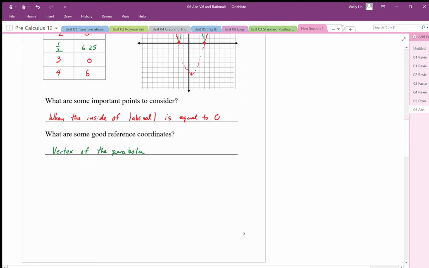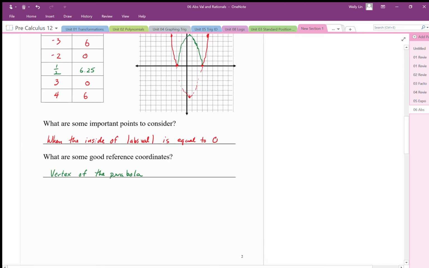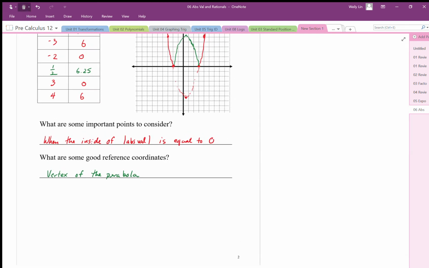So the last part here, and this is a little bit more advanced, and some of you may or may not have done this, but we're going to write this as a piecewise function then. So my original f of x, what does this graph look like? Well, for certain positive domains, nothing changes. It just looks like a regular parabola.